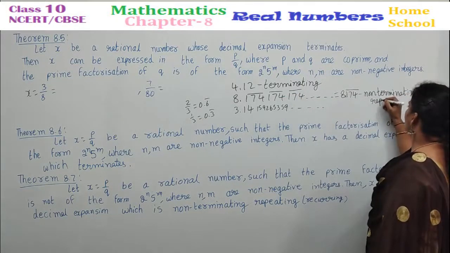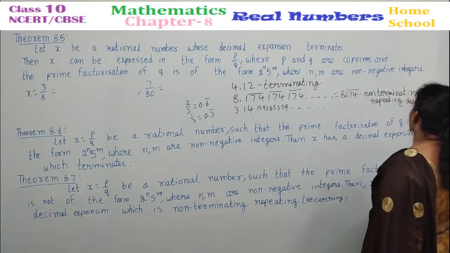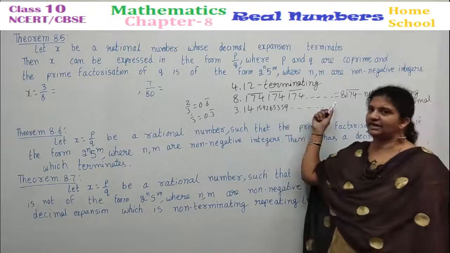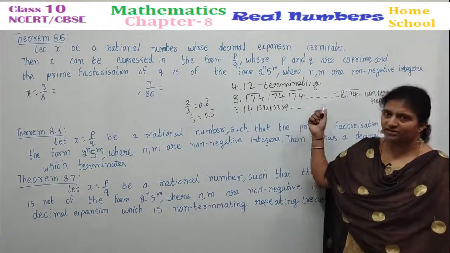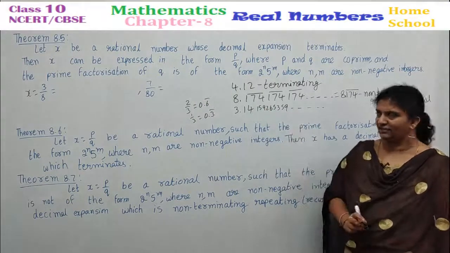Non-terminating, repeating decimal expansion. Repeating decimal. Non-terminating means there is no end for this expansion. The decimal expansion is a non-terminating and a repeating decimal expansion.